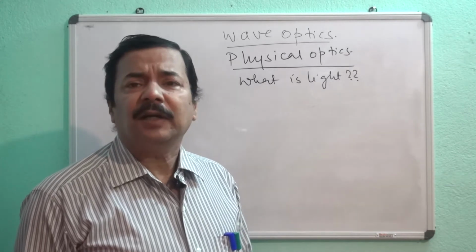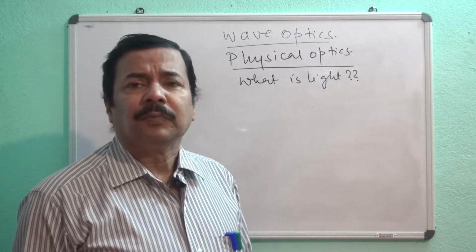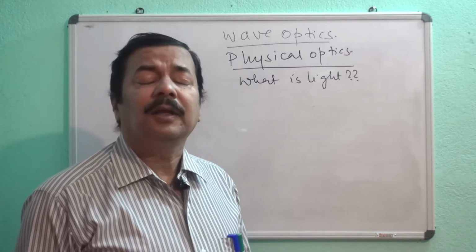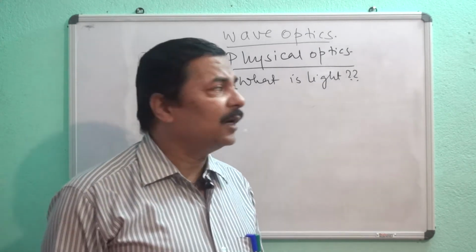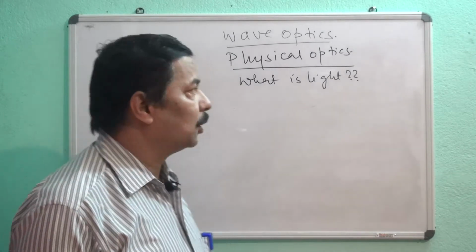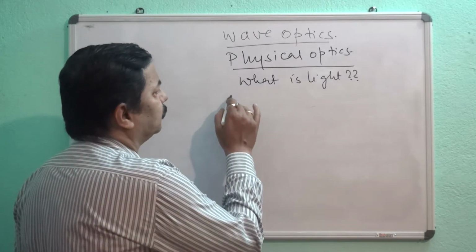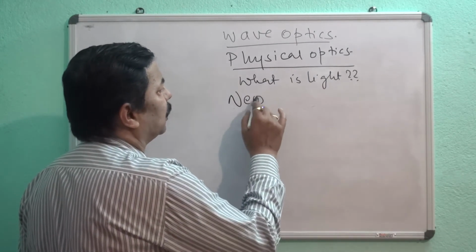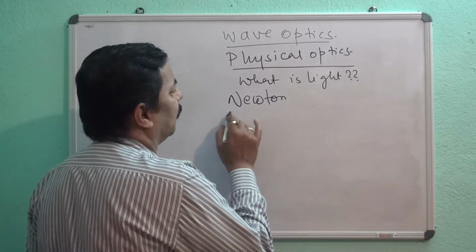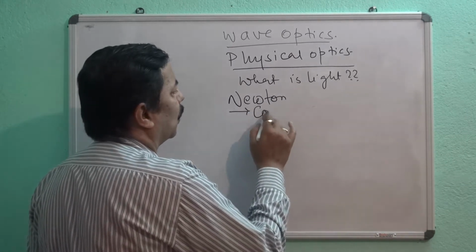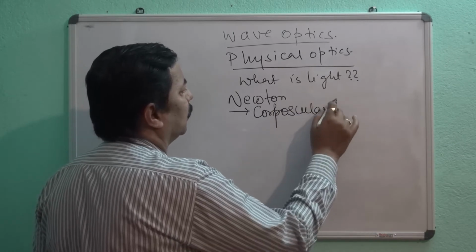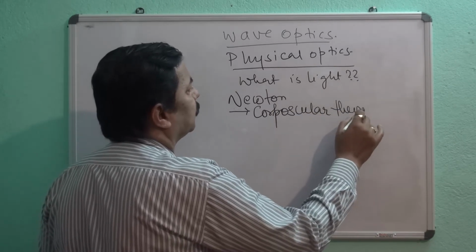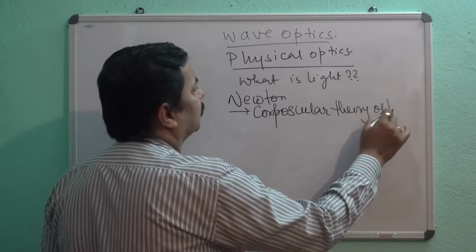The scientific study of light first began with the concept given by Newton, and that is known as the corpuscular theory of light.